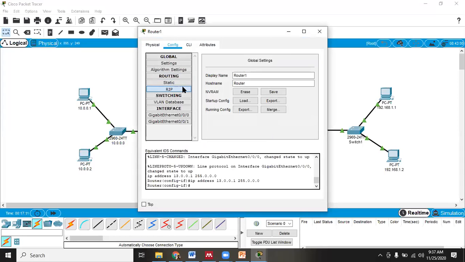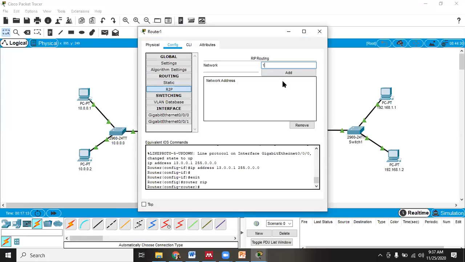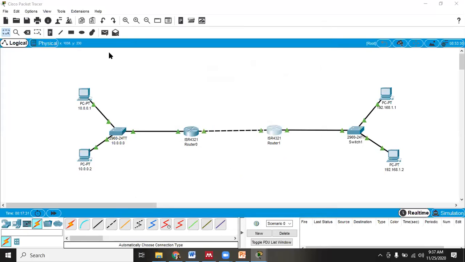Similarly, the other router needs to be configured. On the other side, we have 192.168.1.0, this network, then 13.0.0.0, this network, and one more, 10.0.0.0. So we have to apply these three networks.